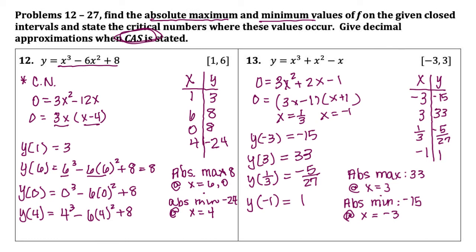All right, so there you go. That's your absolute mins and maxes. You do set up a chart, include endpoints if it is absolute. Now, if it's relative, you don't. That's going to be a critical point. But absolute has to deal with your endpoints and your critical numbers.